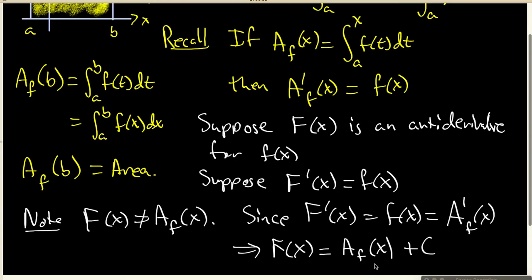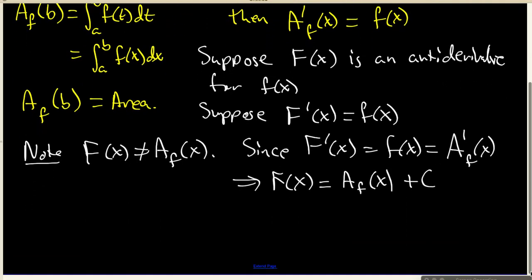Now, I can exploit the geometry of what I know to figure out what that constant is. So let's look at this. We know that the area accumulation function evaluated at a is the integral from a to a of f of t dt.